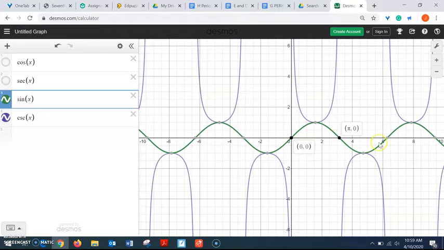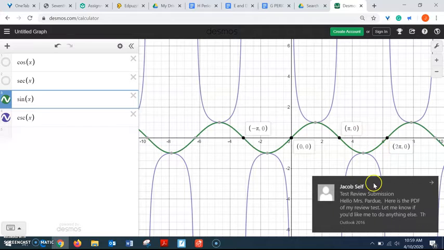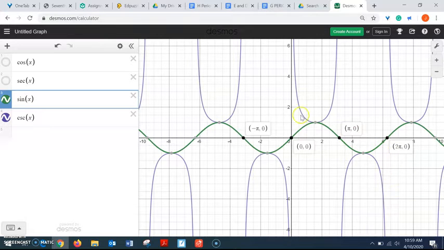Okay, and so these look like they're happening not at multiples of pi over 2, but at multiples of pi. Okay, and then same thing happens here. When sine has a max, that becomes a min on the cosecant. And when sine has a min, then cosecant has a max, okay?